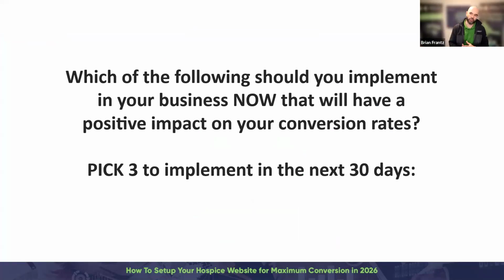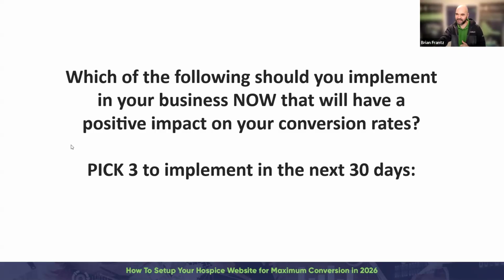And so, is your website set up to convert? In the workbook that was shared, you have all those key ideas, all those strategies, all those things you can implement. If you were to pick three of them to implement in the next 30 days, what would they be? Write it down, shoot me a message with it, drop it in the chat, shoot me an email.